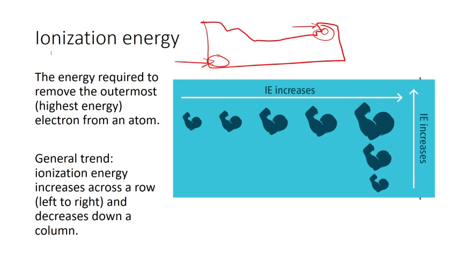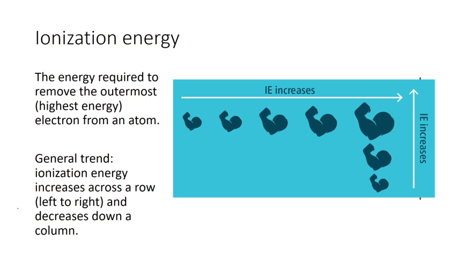Whereas over here, we have some of the largest atoms, and because of that, their valence electrons are very far from the nucleus, and so not held with much force, and so they're going to be really easy to remove from those atoms. So smaller atoms, tougher to remove electrons from. Larger atoms, with the electrons further away, easier to remove.